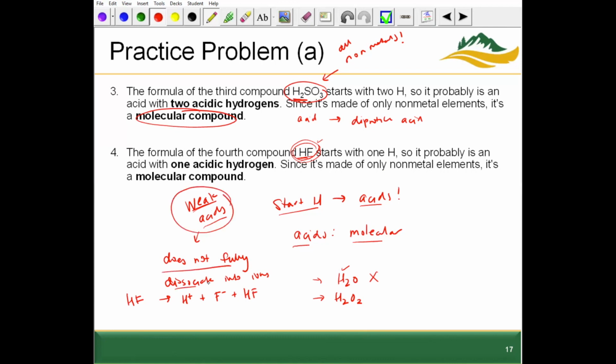It does not fully dissociate into H+ and its counter ion. Instead, there's going to be some non-dissociated HF present on the product side. Don't take this name, though, to mean that it's a perfectly safe acid. It is a weak acid, but it's also very dangerous.